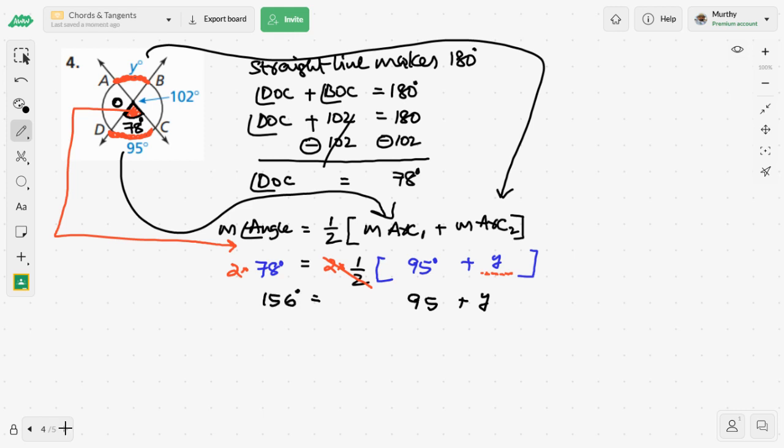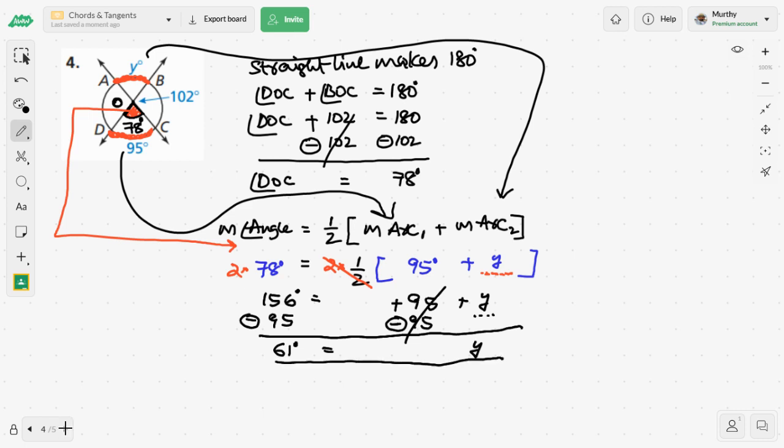Now you know how to isolate y. If there's no symbol, you can assume it is positive, and we go by the inverse operation and take away 95 on both sides. You get that the value of y equals 61. If you want to make use of a calculator, the value of y equals 61 degrees.